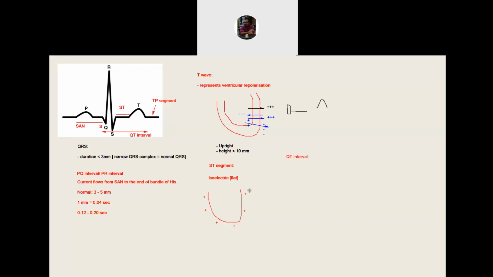The QT interval, you can see, it represents the entire depolarization and repolarization of the ventricle. So we can simply say it represents the time taken for entire electrical activity of ventricle.